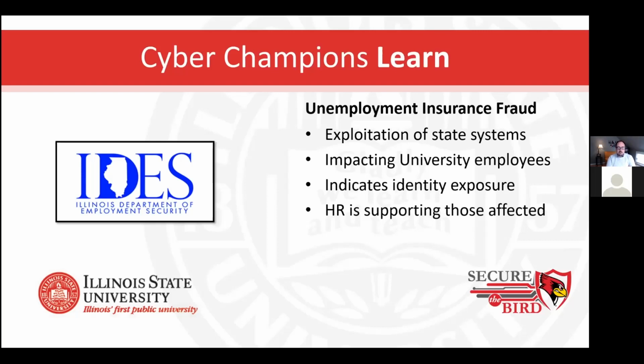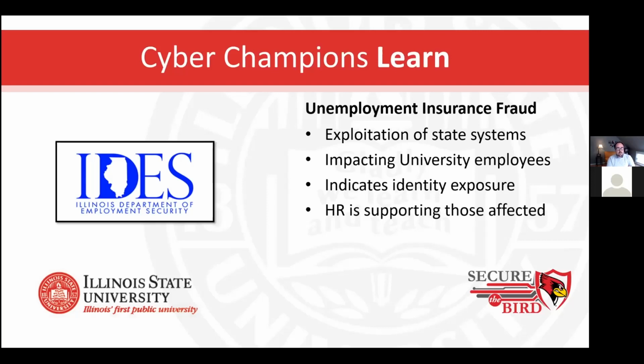It had very, very weak identity validation or verification controls on it. And so massive amounts of fraudulent claims were filed against the system. It is impacting university employees in a couple of different ways.